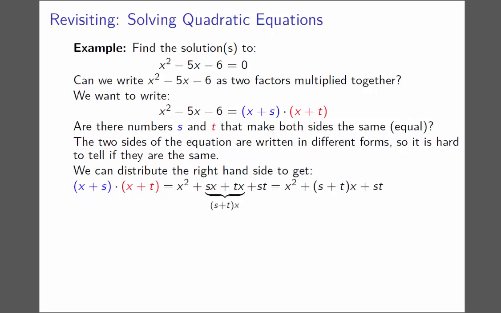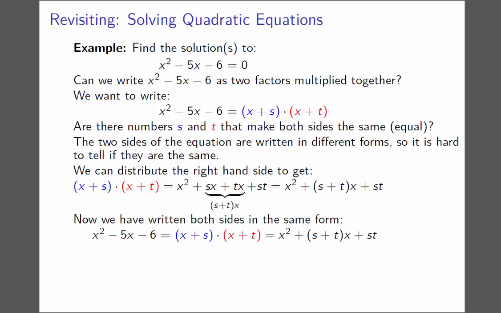And we can consolidate s times x plus t times x by factoring out an x and writing it as s plus t times x. So we get that x plus s times x plus t equals x squared plus s plus t times x plus s times t.